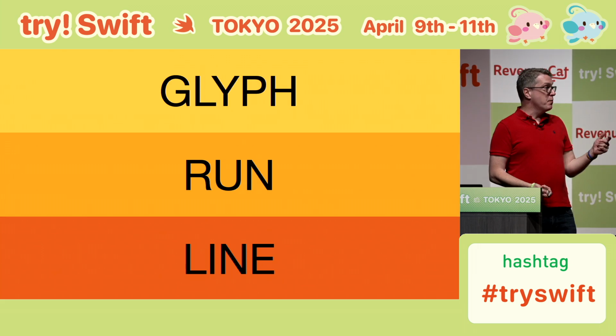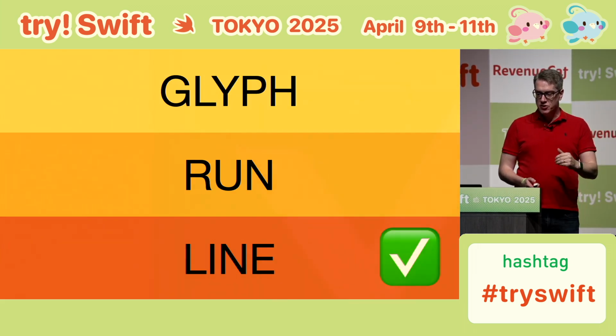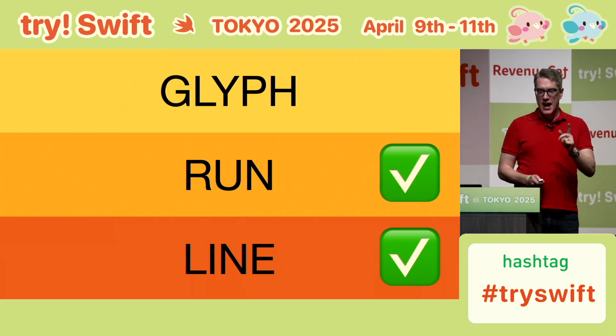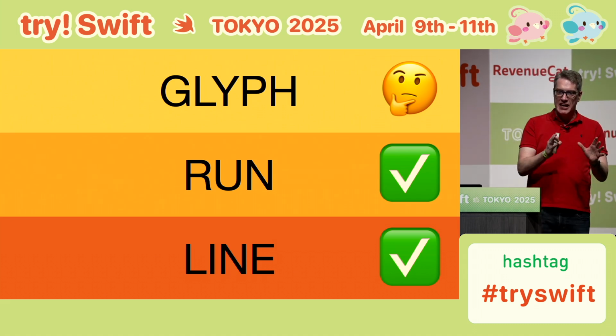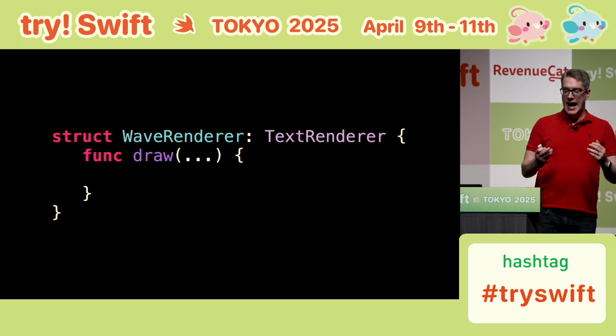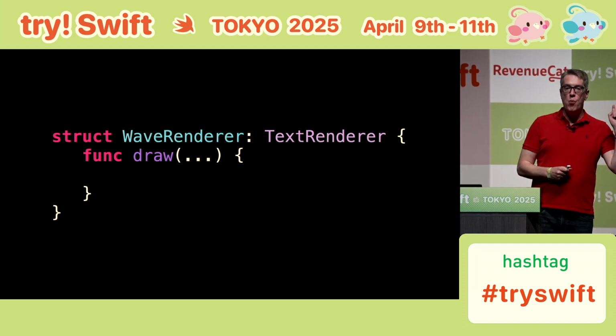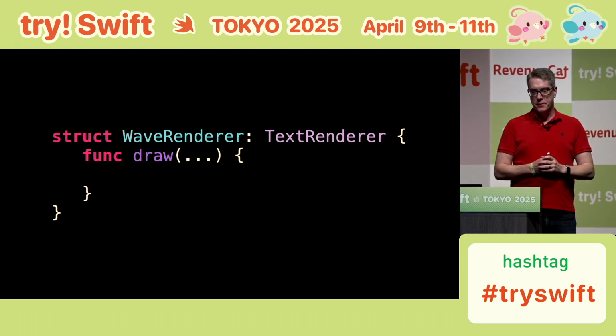So we've seen how to modify lines with our zebra stripes and how to modify runs with highlighting. Let's go further. Let's go down into runs and modify each glyph, each letter in a run individually. As an example, we can make a new wave renderer. So we push letters up and down by some amount.